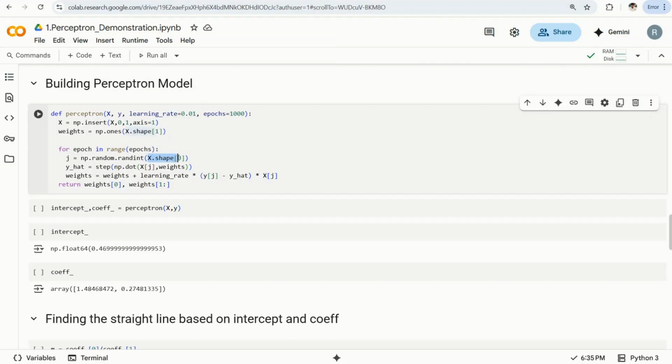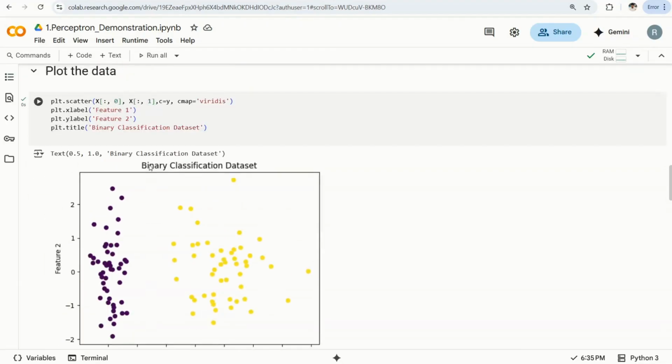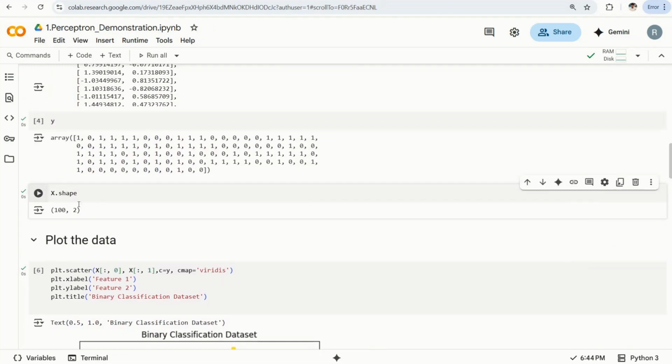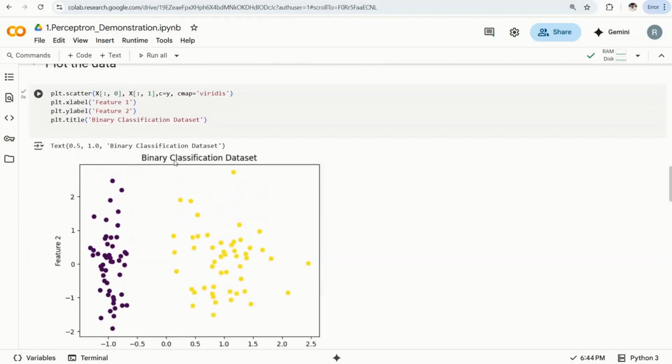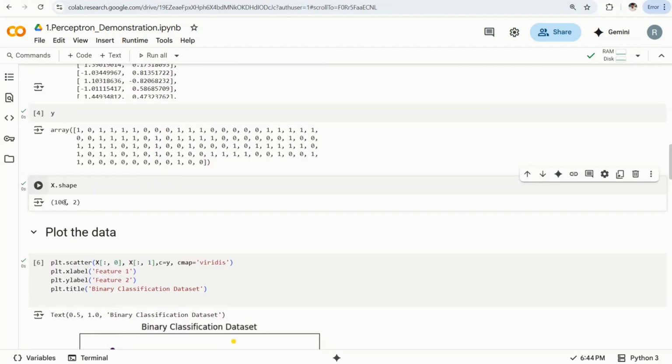Let me explain that. The shape gives the rows and the number of columns. So after this line, if I insert this, my shape will give 100 rows and 3 columns.